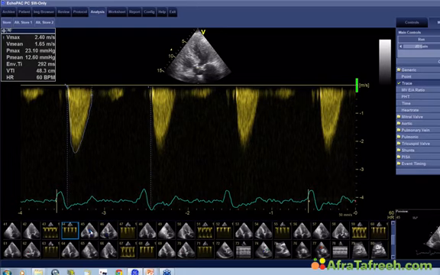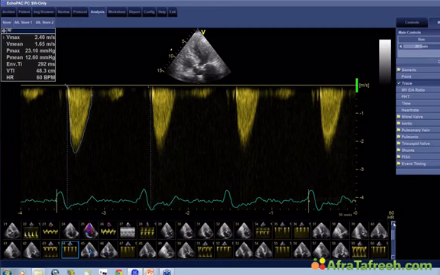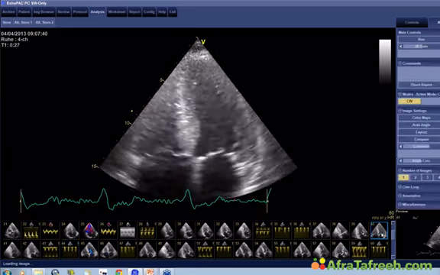Well, we put the patient on a bed and we give him dobutamine, and we increase the dose of dobutamine, and while we do this, we record the echocardiogram. We perform both 2D images, and at the same time we also perform calculations of flow and gradients.